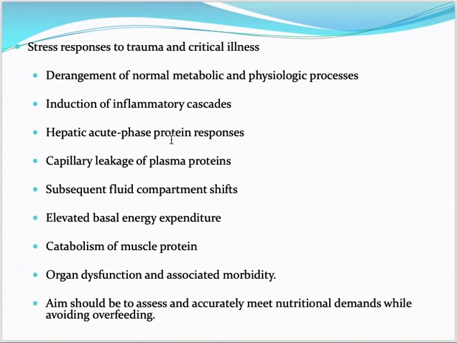As we all know, the liver is the main hub which is producing the proteins. So all those proteins which change in response to stress or illnesses or in any inflammatory or infectious conditions, we call them acute phase proteins.